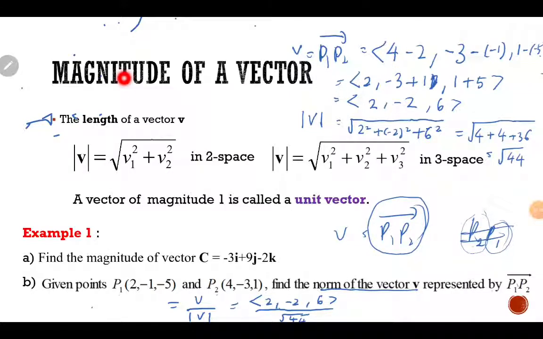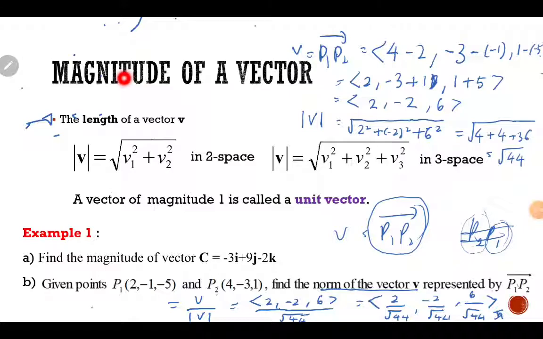You may leave your answer like this, or you can put it as 2 over square root 44, negative 2 over square root 44, and 6 over square root 44. That is your final answer.